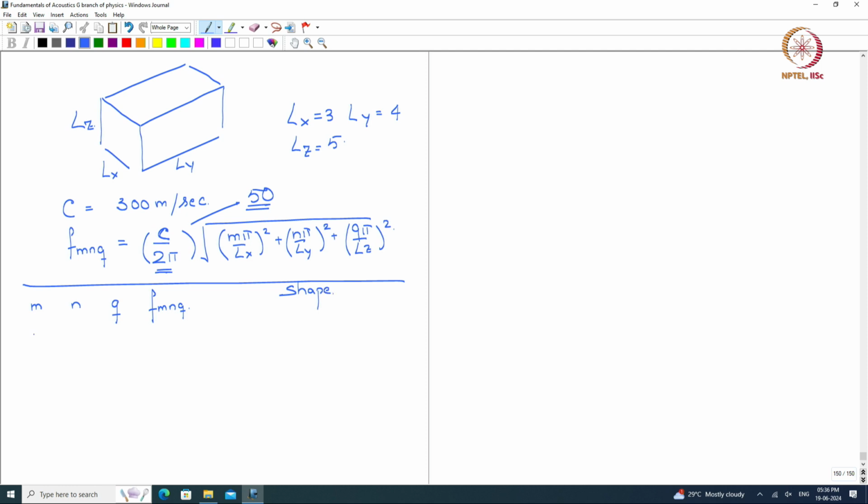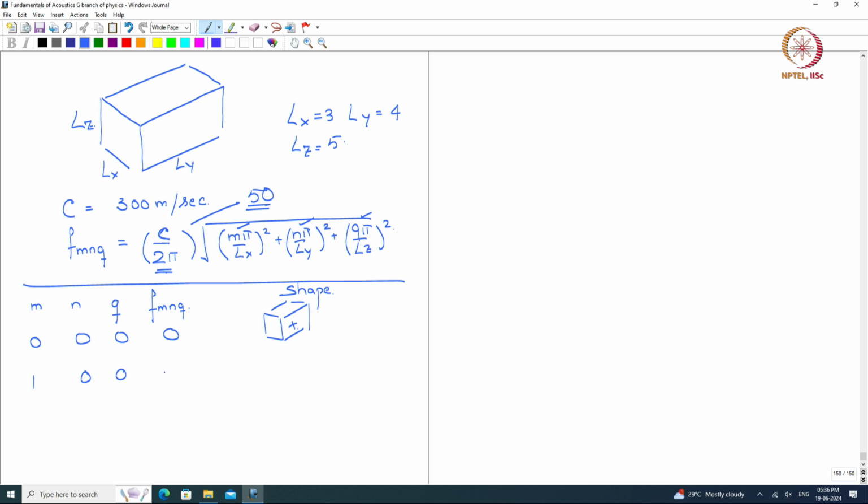So if it is 0 0 0, then f m n q is 0 because m is 0, n is 0, q is 0, and this is just a rigid body sort of mode, it has no oscillations. The entire box has one uniform pressure which is not oscillating. Now next, suppose we take m is 1, n as 0 and q as 0.